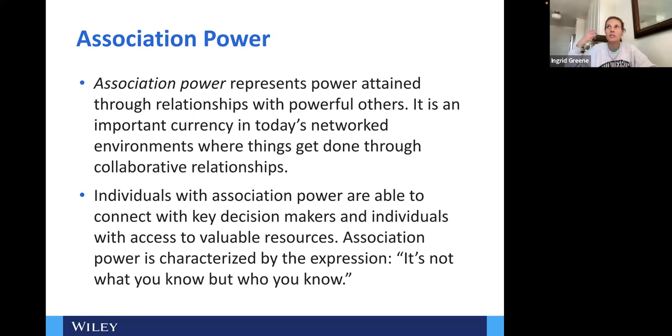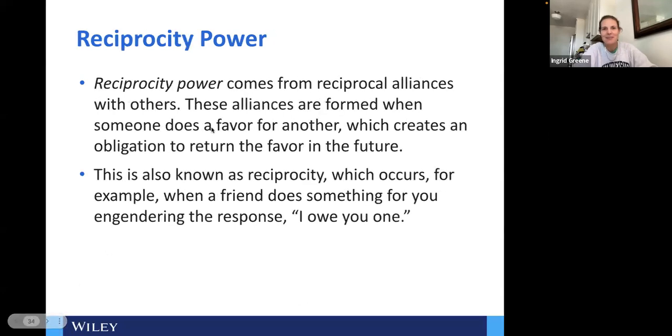Because you have more information about them, as opposed to just a 20 or 30-minute interview. So connections with key decision makers and individuals with access to valuable resources, right? Some people say at LMU that I'm famous for associate power.